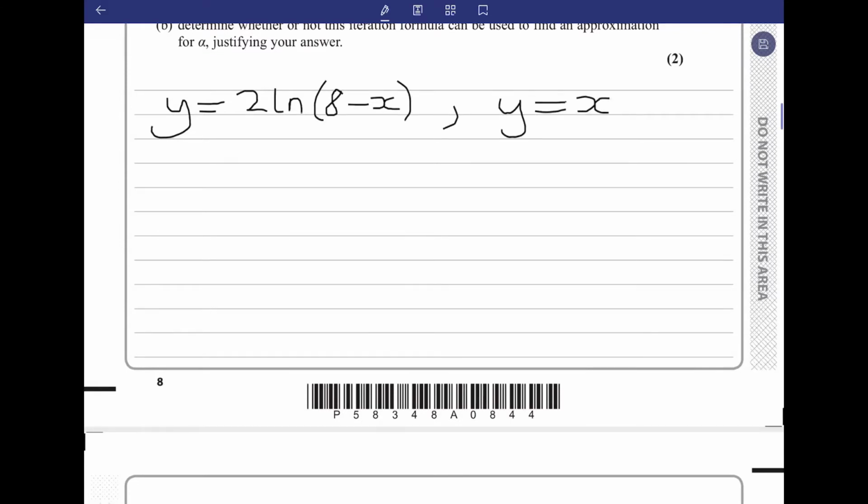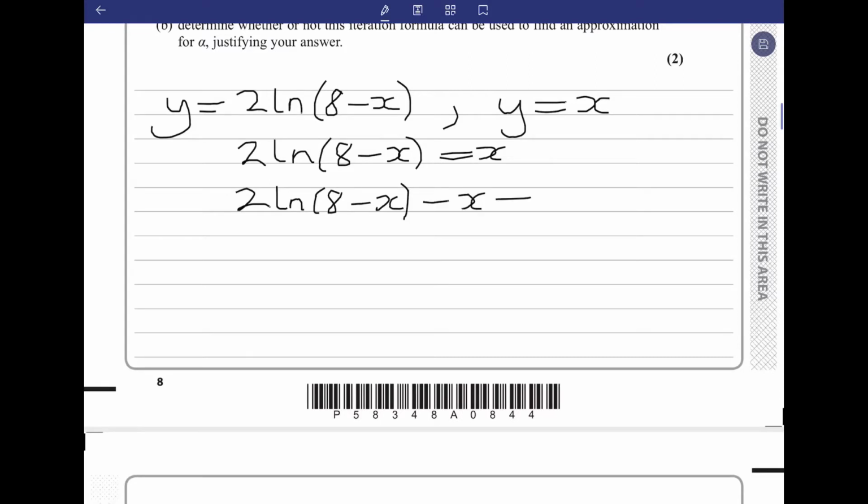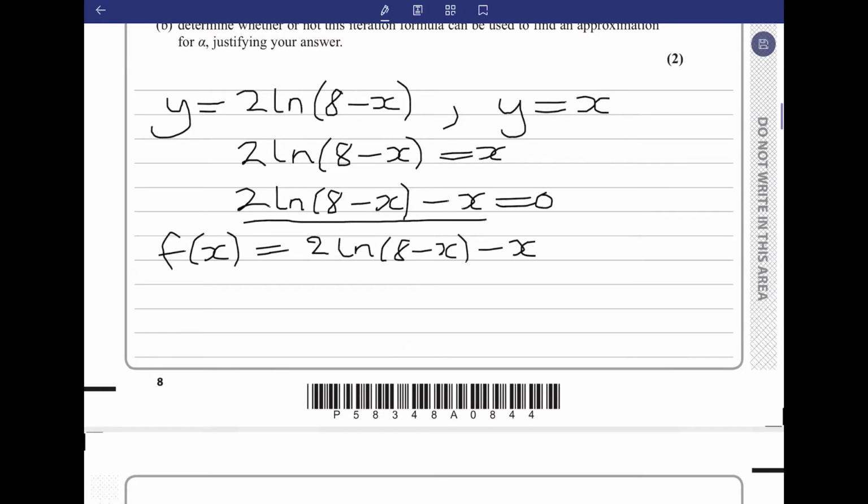Now as they both equal y, we can write 2 natural log of 8 minus x equals x, and then we can write 2 natural log of 8 minus x minus x equals 0, and then we can set this left hand side to be equal to some function f of x. And what this allows us to do is to input certain values of x and calculate the result.